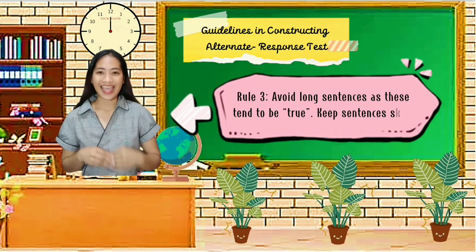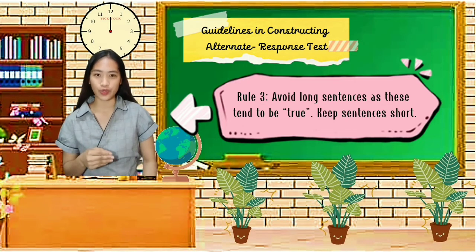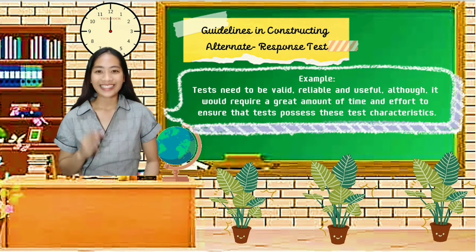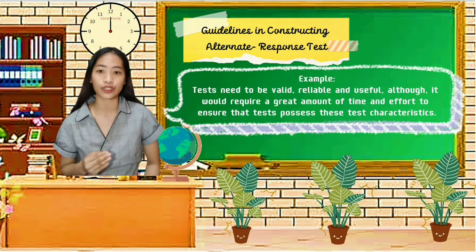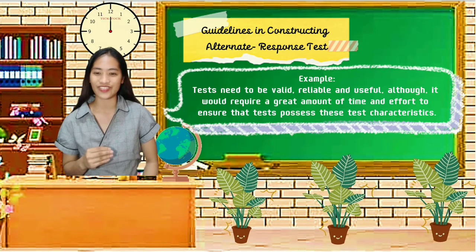Rule number 3. Avoid long sentences as these tend to be true, so keep sentences short. For example, tests need to be valid, reliable, and useful, although it would require a great amount of time and effort to ensure that the test possess these test characteristics.